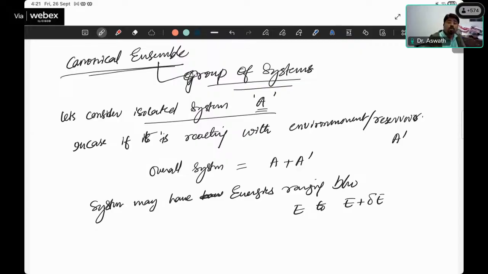Now let's say the probability of finding the system in any one of the states is equally likely. Earlier we saw that. So let's say the system is in a state A_R. What does this R stand for?